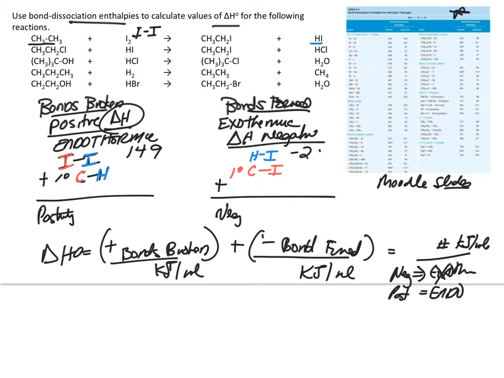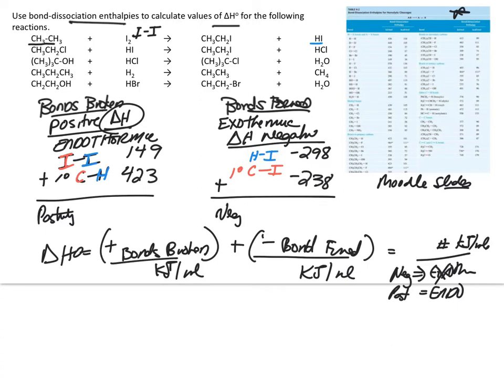So I'm going to make that negative 298. Then I've got to find my primary CH bond. You see the methyl bonds, and then you see primary, and that's 423. We're going to make that positive because it broke. And then the CI formed to our primary is 238, so that'll be a negative 238.